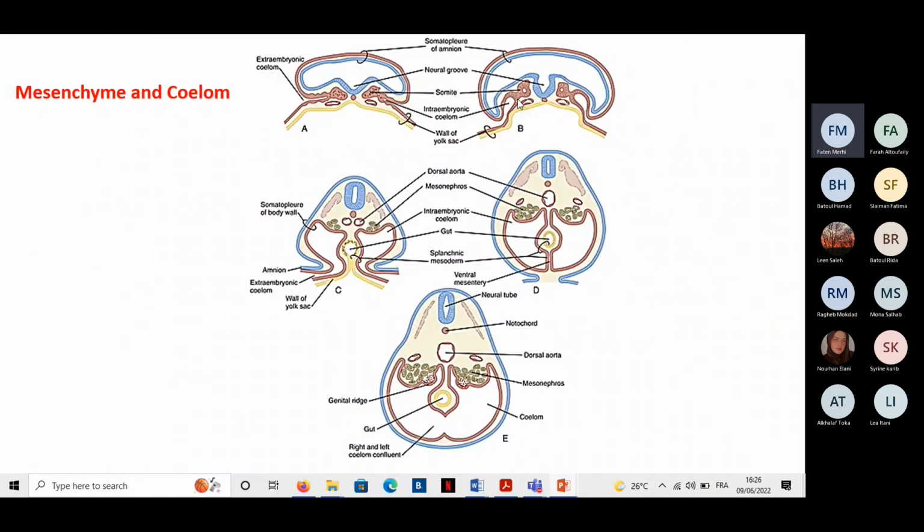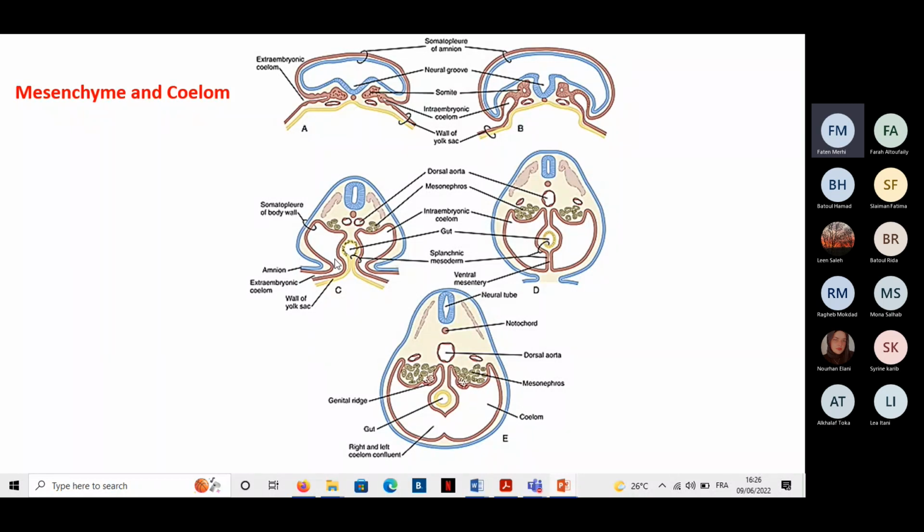We can see here also the different steps of the embryogenesis. We have here the intermediate mesoderm, here the paraaxial mesoderm, and here the lateral mesoderm. At a certain moment, we will have the formation of a cavity, as you can see here.